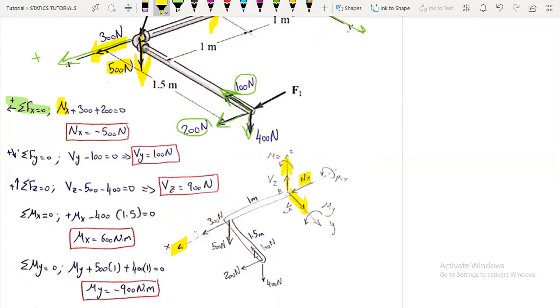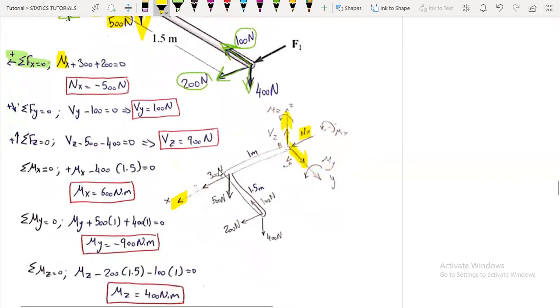Anyway, I also have the axial forces in the x direction: 300 newtons plus 200 newtons. They both are acting in the positive x direction. Equals 0, I will get Nx to be minus 500 newtons. So that means the axial force at point B is acting in the opposite side.